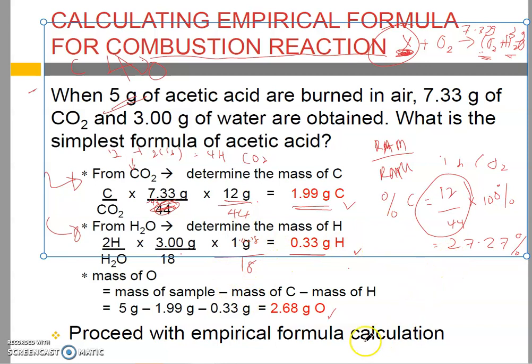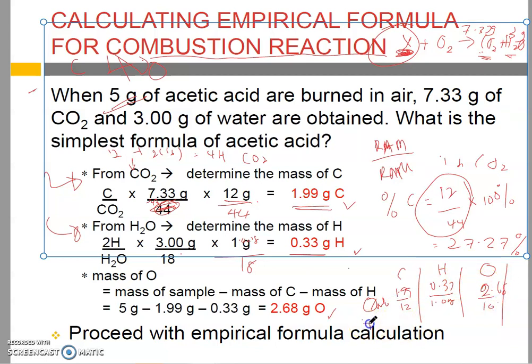So, daripada sini, dah siap dapat mass setiap ni, barulah you proceed dengan empirical. CHO ini 1.9 bahagi 12. Yang ni pula 0.33 bahagi 1.008. Cari mol dulu kan yang pertama. Okay. Yang ni pula 2.68 bahagi 16.